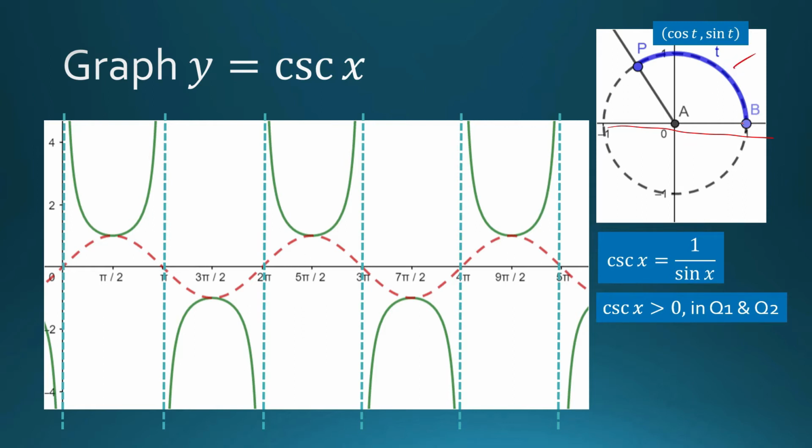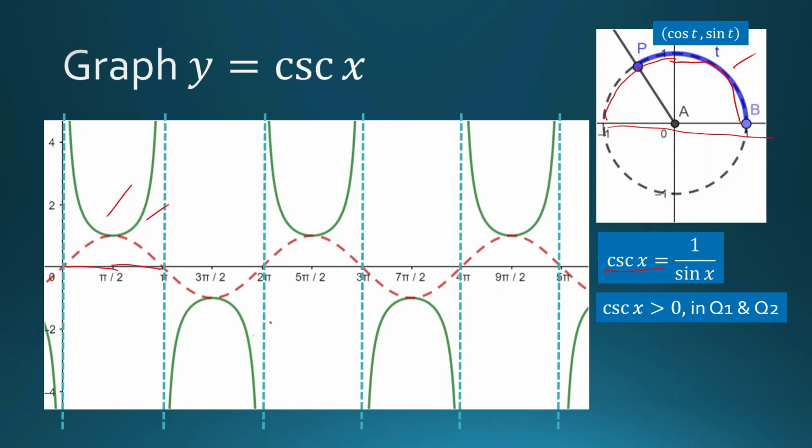So this one is from 0 to pi over 2 and pi over 2 to pi. The sine function is positive, so cosecant is going to be positive. So look at this. From 0 to pi over 2 and pi over 2 to pi, the graph is above the horizontal axis. So that's one explanation about why this part of your graph is above the horizontal axis.